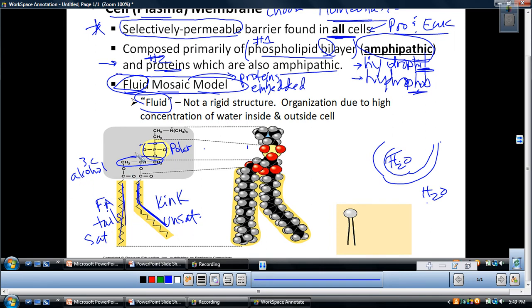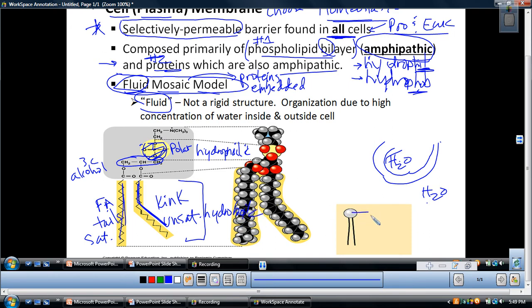But our phospholipid basically has a polar phosphate group, a glycerol, which is a 3-carbon alcohol, connected to 2 long fatty acid tails. So typically, this is going to be hydrophilic on the head region, the phosphate, and then it's going to be hydrophobic in the tail region, which is what you see here.